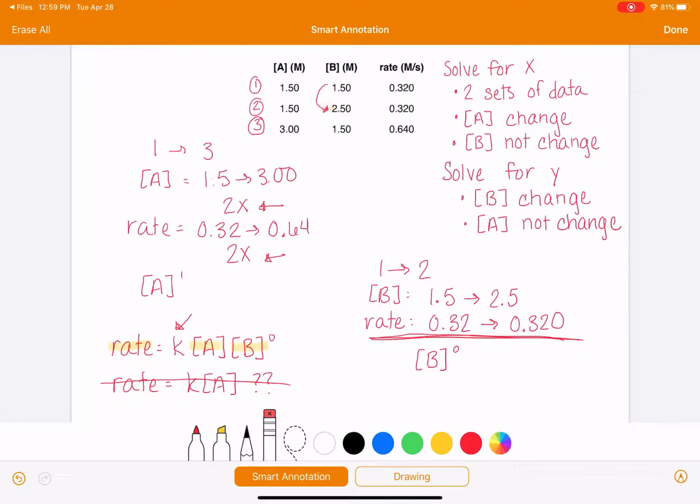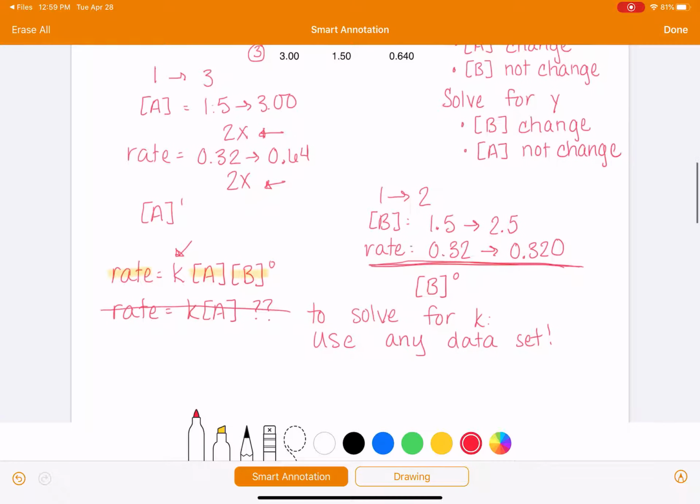You can use any one of them, and you could actually try this three different times and you're going to get the same value of k every time. So to solve for k, use any data set. Your choice, 1 or 2 or 3.